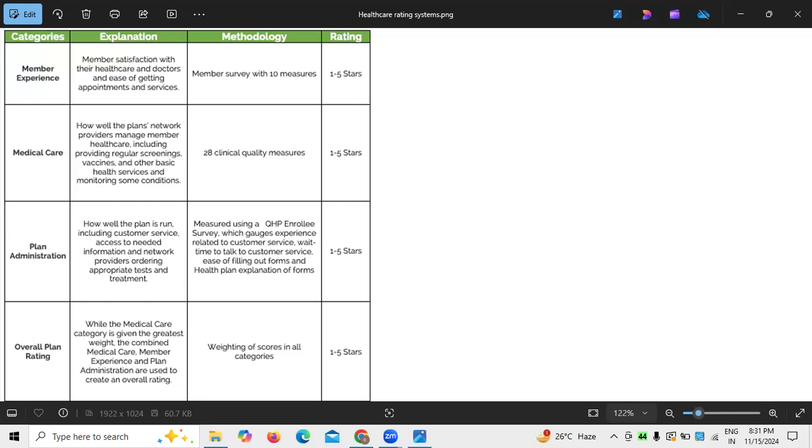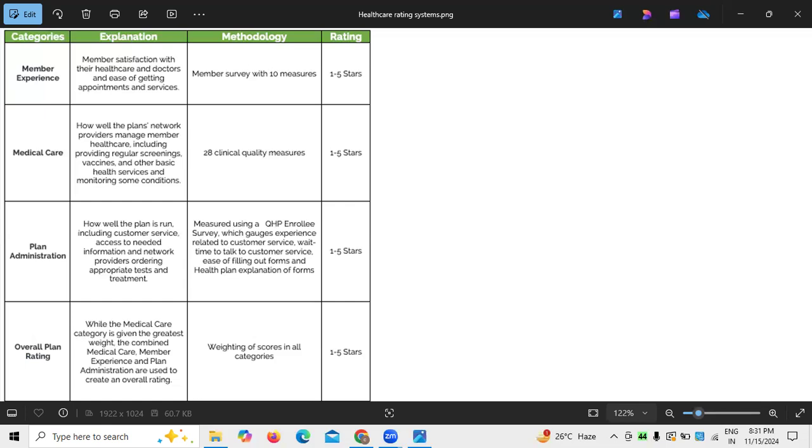The major intention behind this is to measure the overall quality of care and services we provide as far as health plans are concerned, especially to the health plan members.